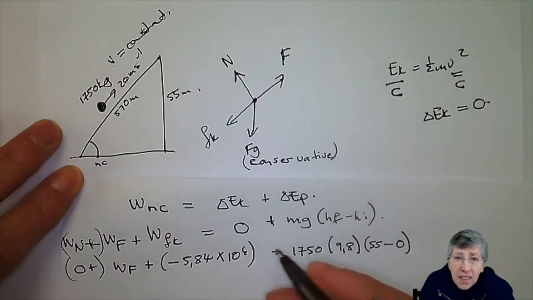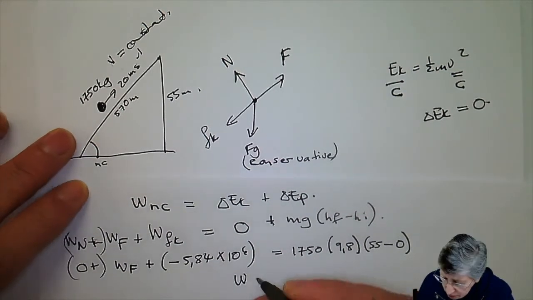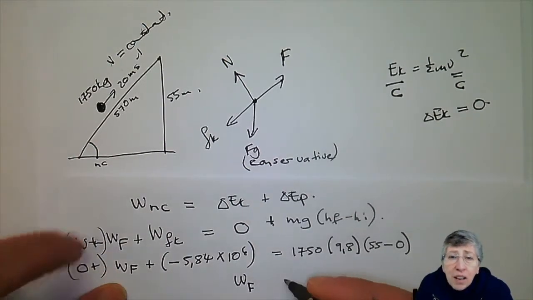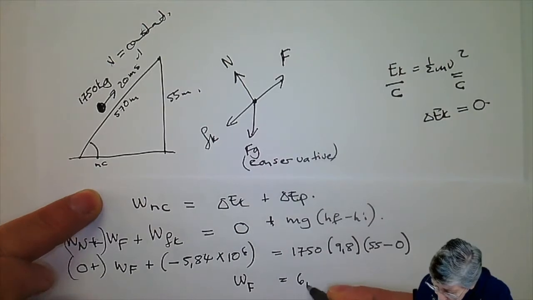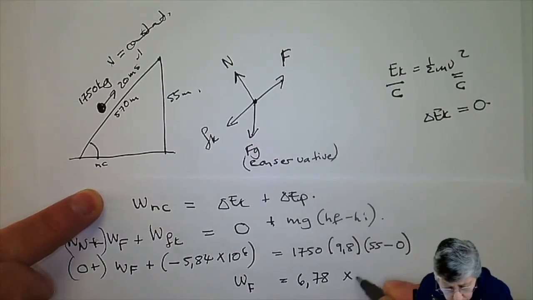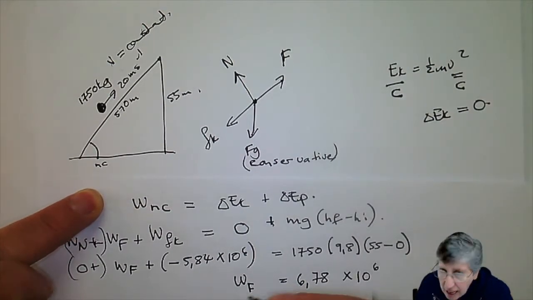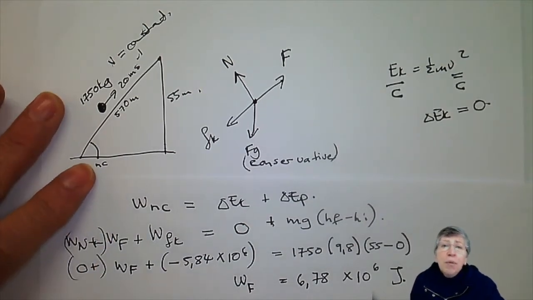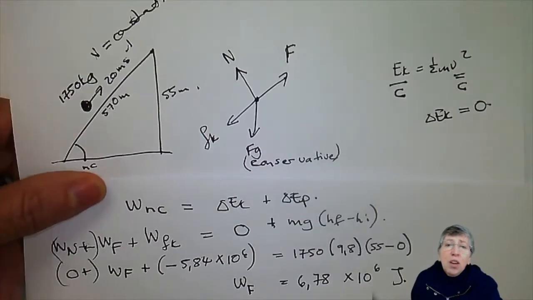Then it's just a question of working it out. What is the work done by that engine applying the force? You end up with something like 6,78 times 10 to the 6, and energy is in joules. So we've gone up to this part. We've got the work done.